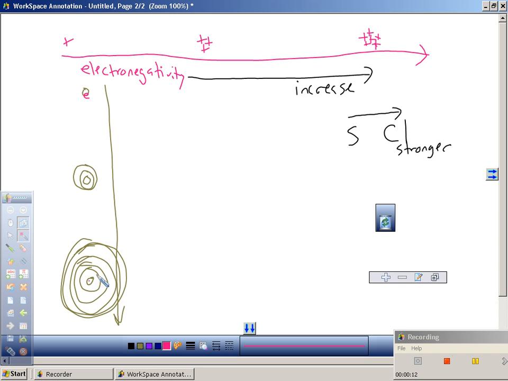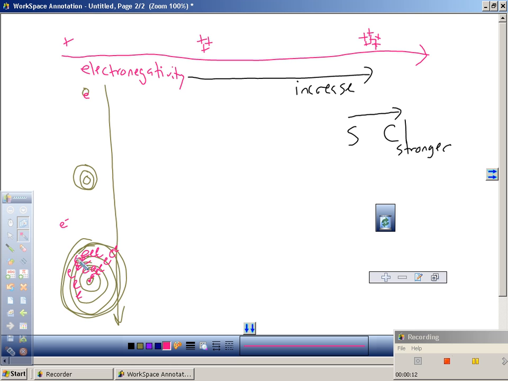Well, here my nucleus is inside. I have all of these electrons. I could have a ton of electrons. I could have 50 electrons in here. And so with electronegativity, I'm asking, when an electron comes by outside of the atom, how strongly is the nucleus going to pull on it? Well, we know pluses and minuses attract. Minus repels minus.